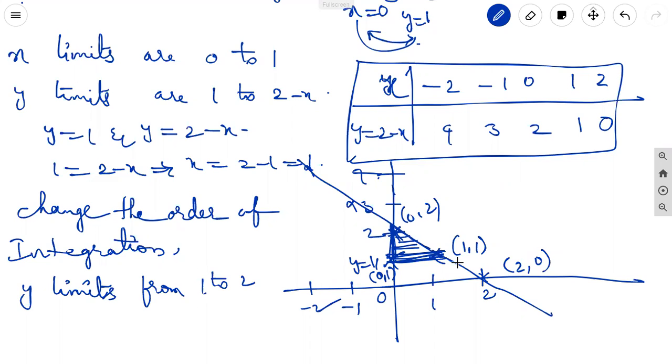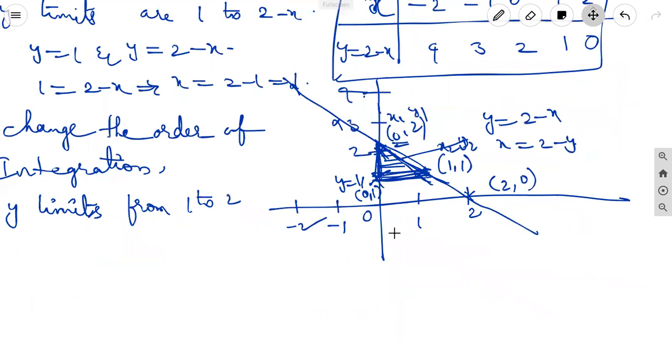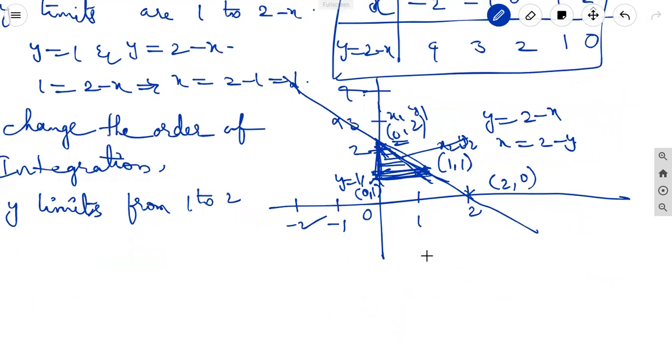Next, this is a line equation. The actual line equation is y equal to 2 minus x, so changing the variable, x equals 2 minus y. Otherwise, we can take points (x1, y1) and (x2, y2), with x value 0. We know that (y2 minus y1) into (x minus x1), that is (1 minus 2) into (x minus 0), equals (x2 minus x1), that is (1 minus 0) into (y minus y1).